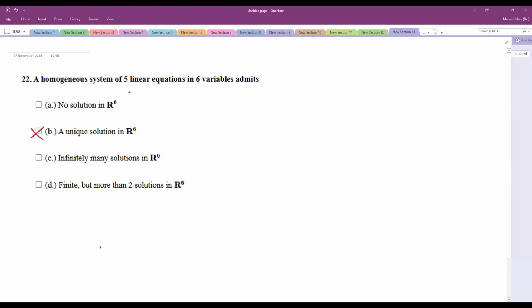No solution depends on what the rank is. So one of the possibilities will have infinitely many solutions. We might have no solution also depending on the rank. And the fourth one is talking about finite, but that is not possible because we have an inequality in terms of the number of equations and variables.